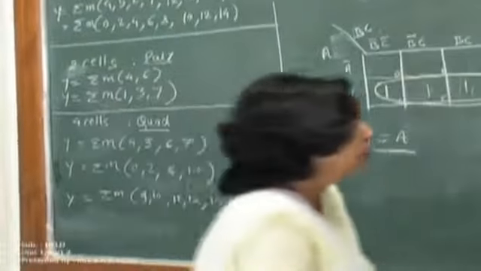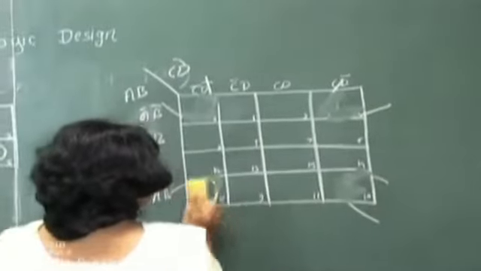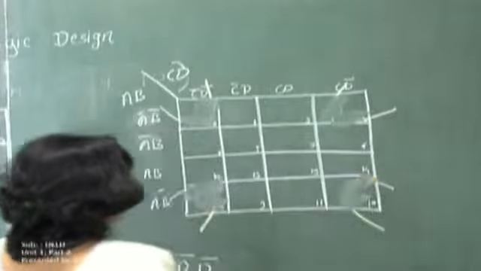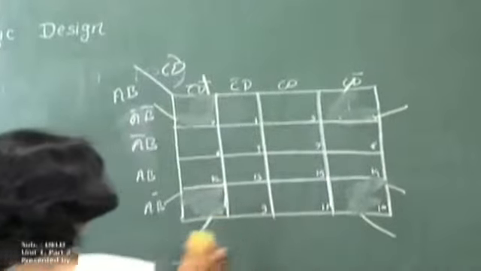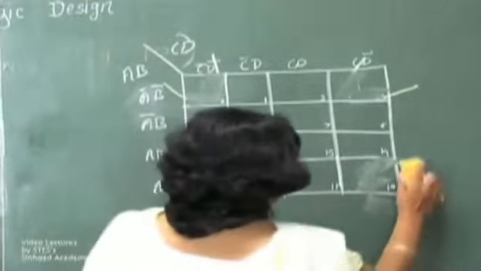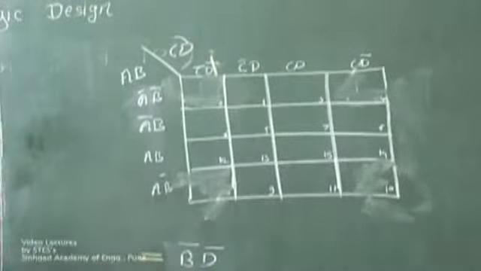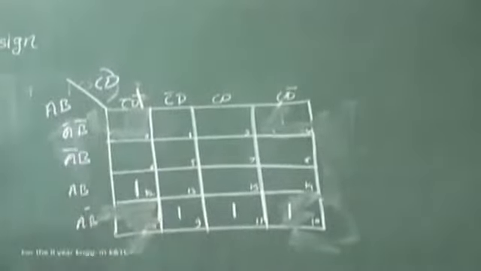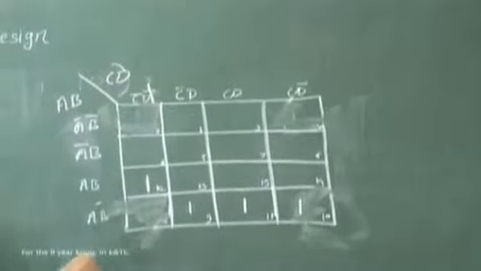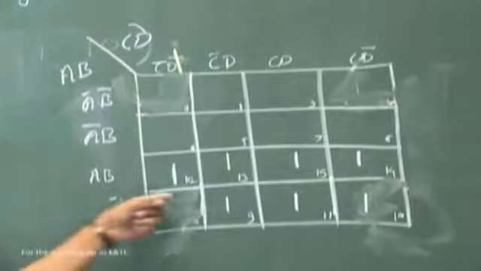At these given terms, we are getting the value as 1. Here you can see there are a total of 7 ones.